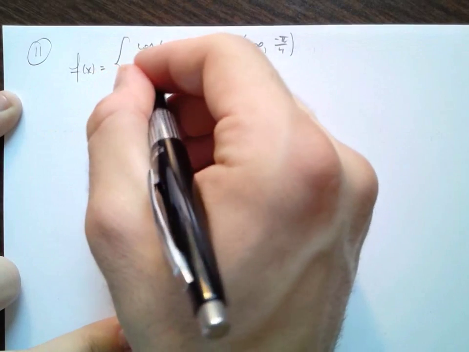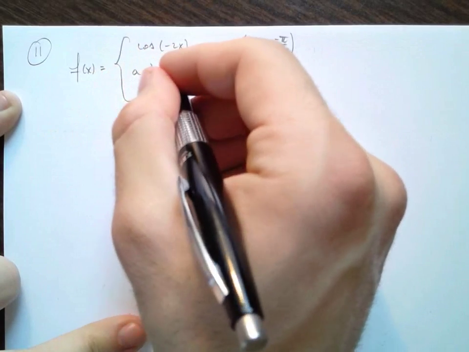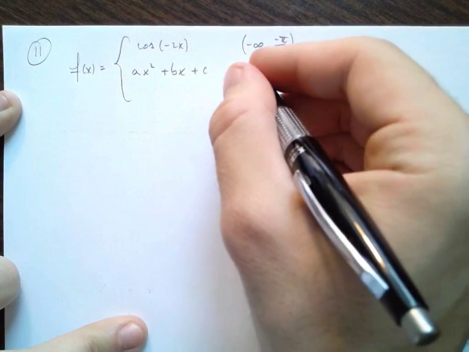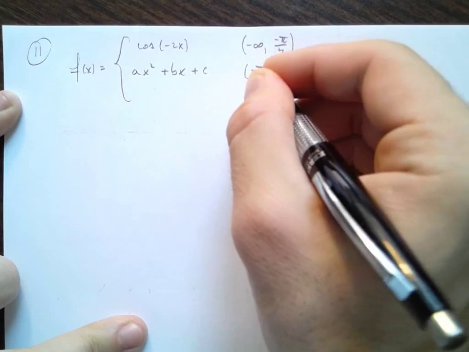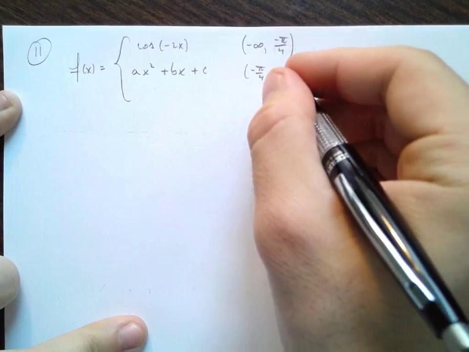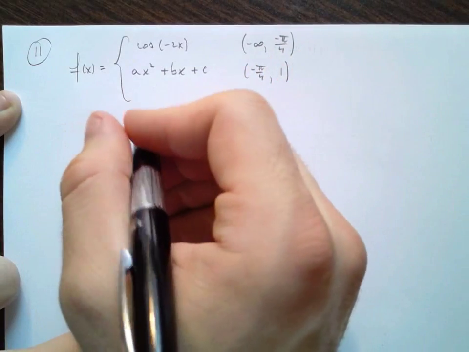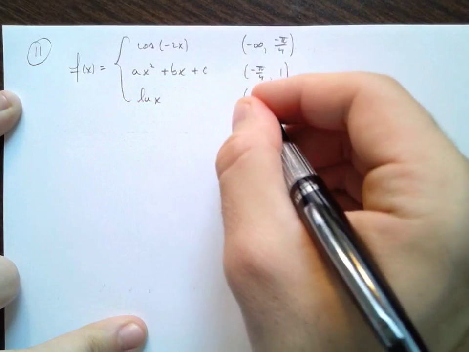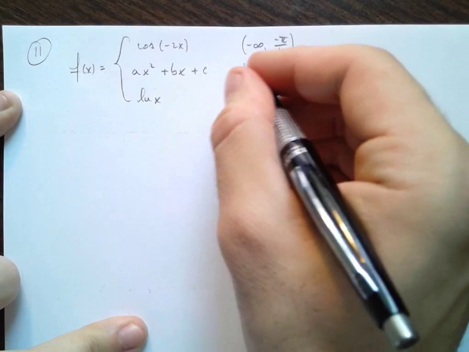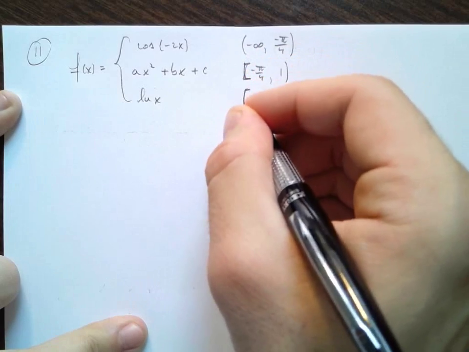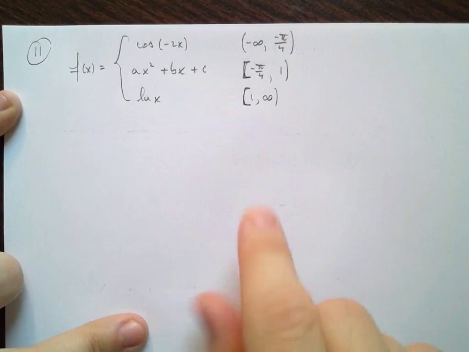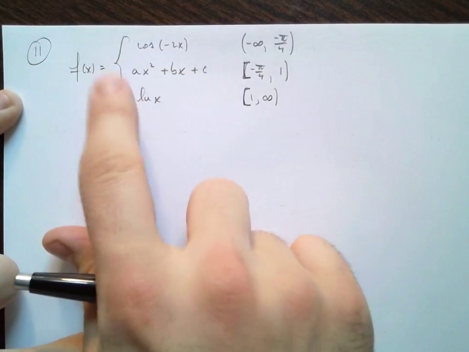Then I have ax squared plus bx plus c on the interval -π/4 to 1. And then I have natural log of x on the interval 1 to infinity. And I guess this is a square bracket and that's a square bracket. There we go.